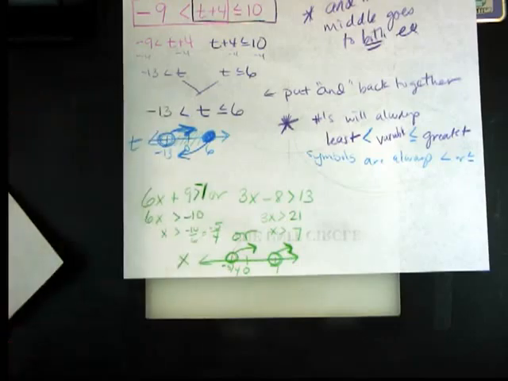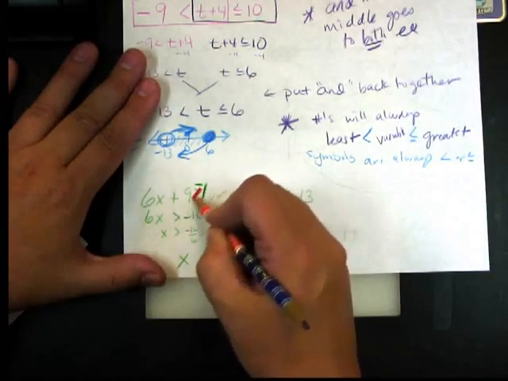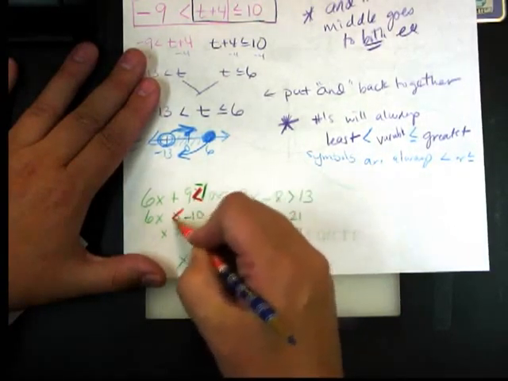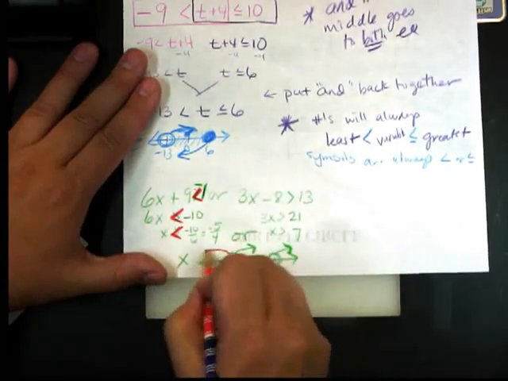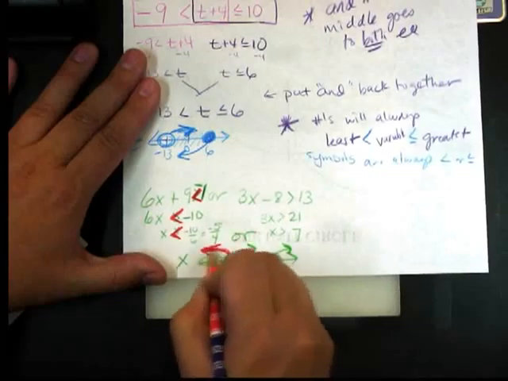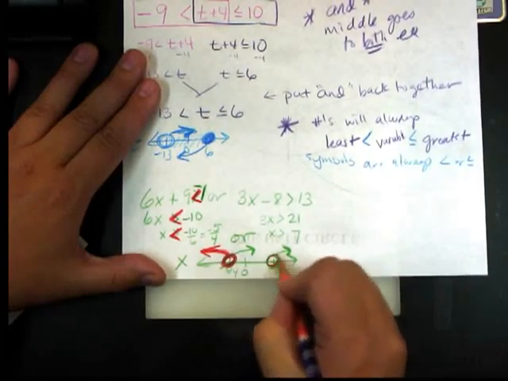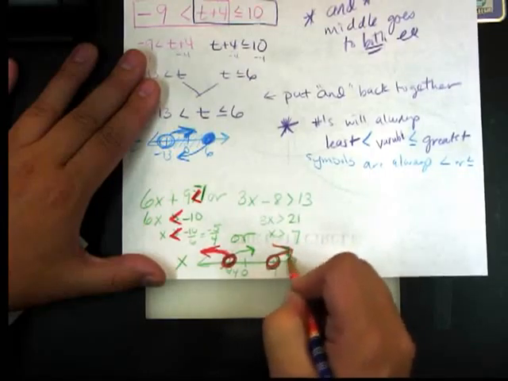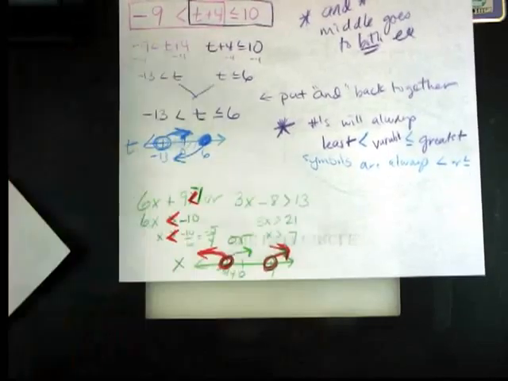So the way that we fix that, let's go back and fix that. We're going to change that to a less than symbol. That'll change that to a less than symbol. That'll change that to a less than. And that will change that going to the other direction. Now we have a true or going in opposite directions.